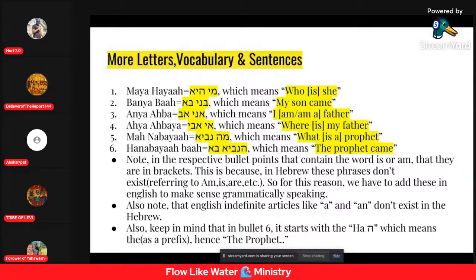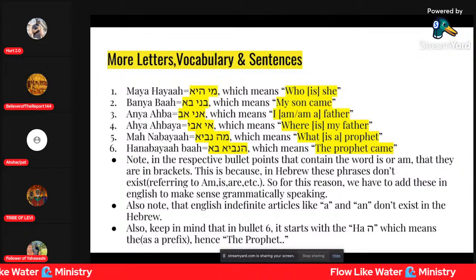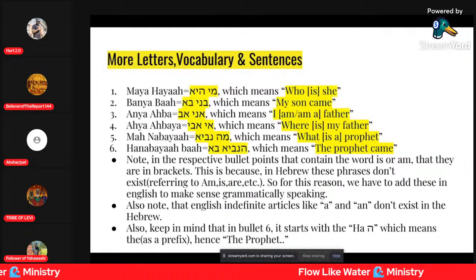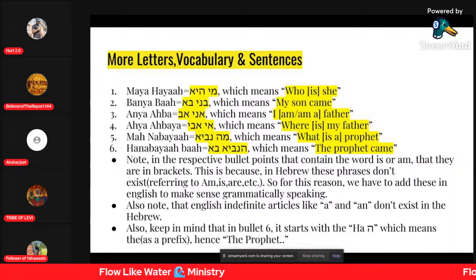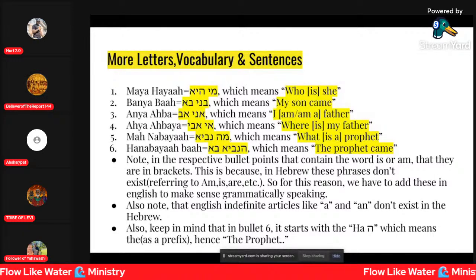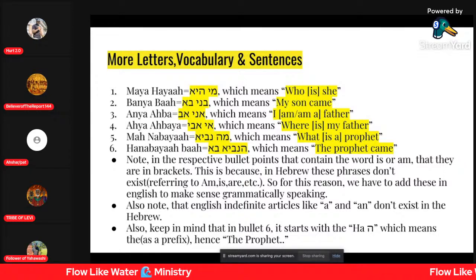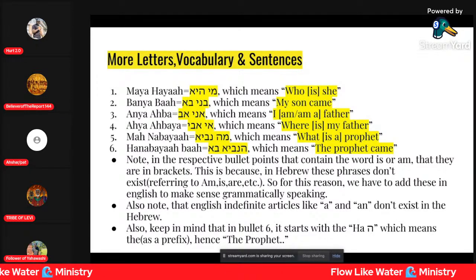So that word is going to have to be added, or else the plain reading of the text is going to be, "Where my father," which we all would know isn't proper grammar, so to speak. But it would make sense to add "Where is my father" to understand. You still get the same sense, but it makes a lot more sense. I think everything else is relatively simple.